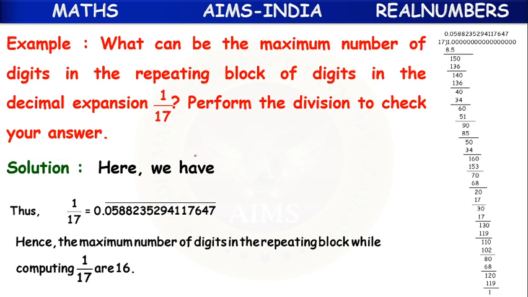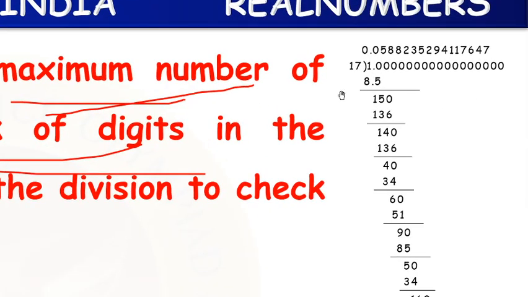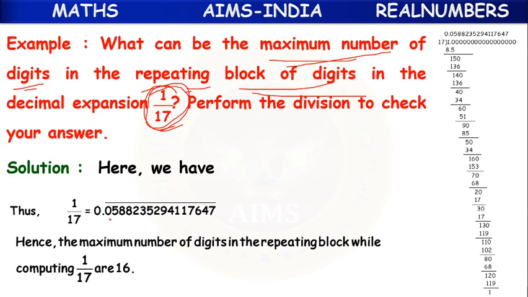Okay, children. Next. What can be the maximum number of digits in the repeating block of digits in the decimal expansion of 1 by 17? Here we have to divide 1 by 17, and we will get a decimal expansion like this.